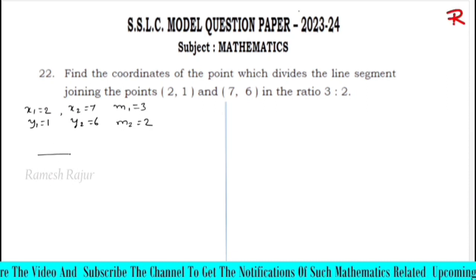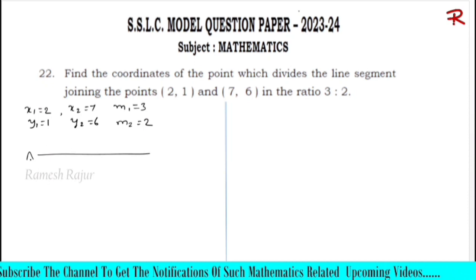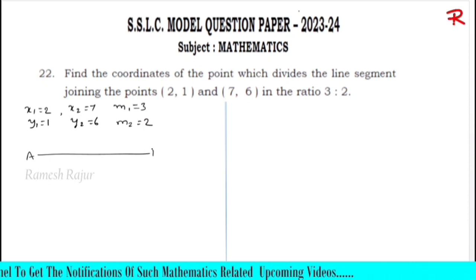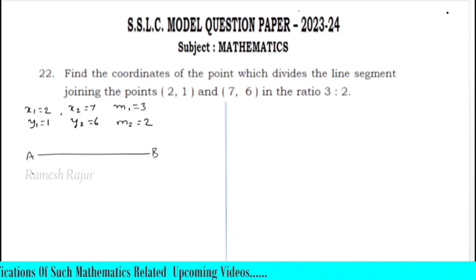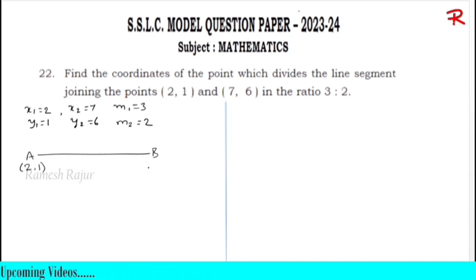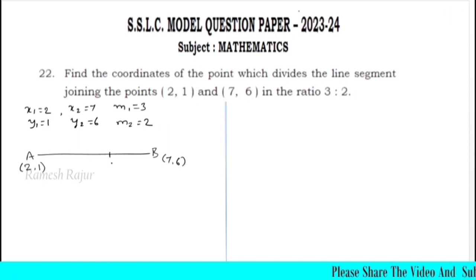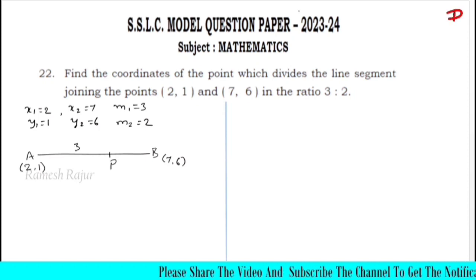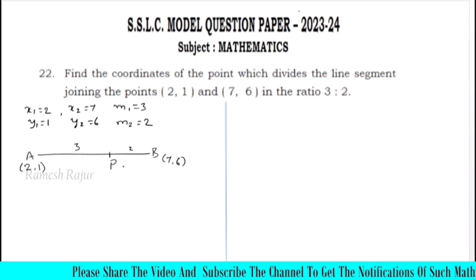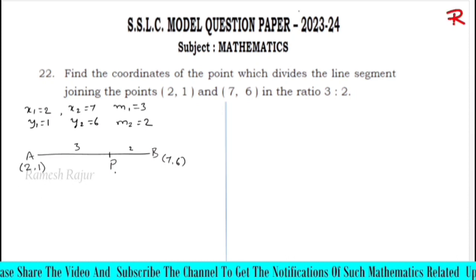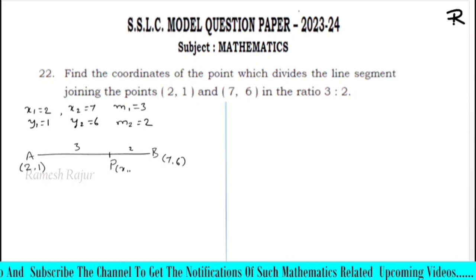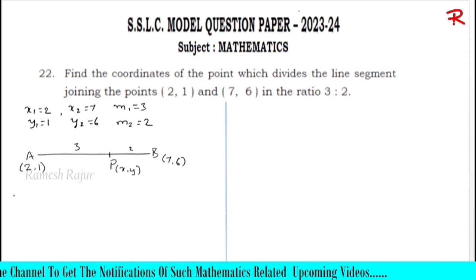Suppose this is the line AB and the coordinates of the point A are 2 and 1 and B are 7 and 6. Let us consider the point P, which divides the line AB in the ratio of 3 and 2. We have to find the coordinates of point P of x, y.